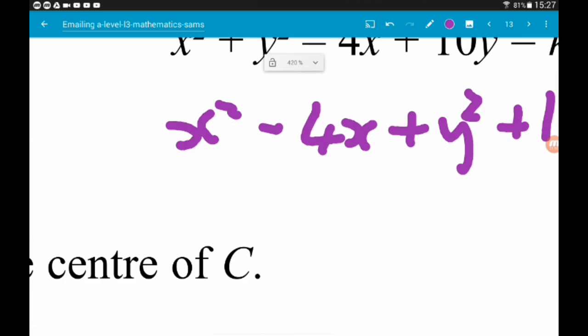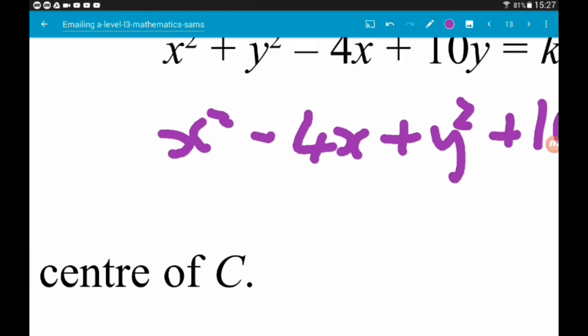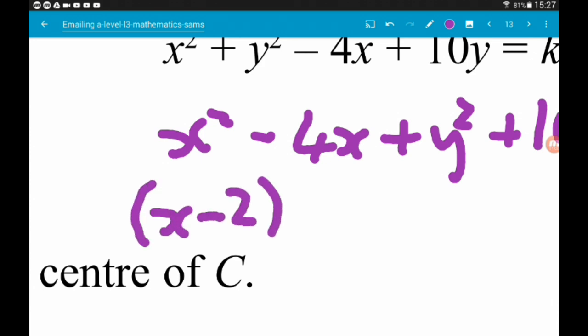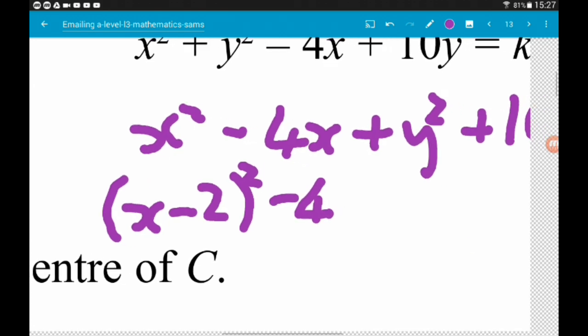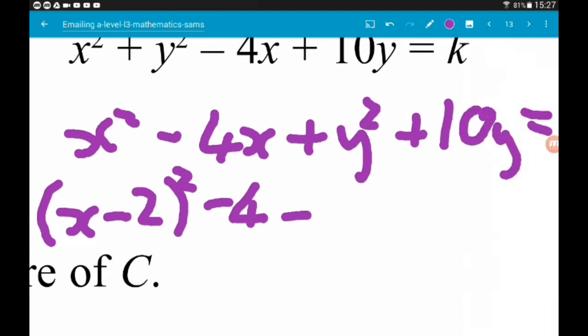Now for x squared minus 4x, we want to write that as x minus 2 squared, and then don't forget to take away that 4 that we get by squaring the minus 2, and then we're going to add y.